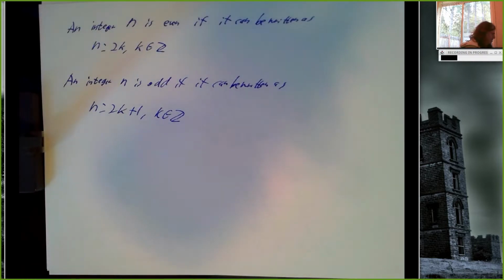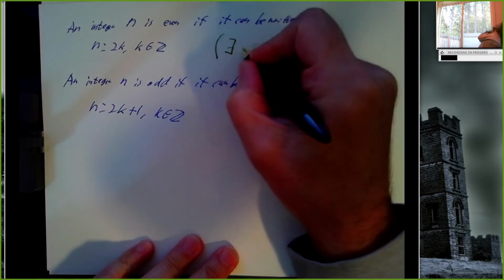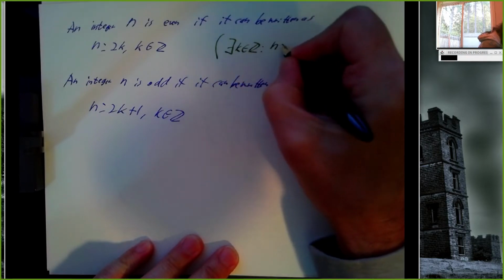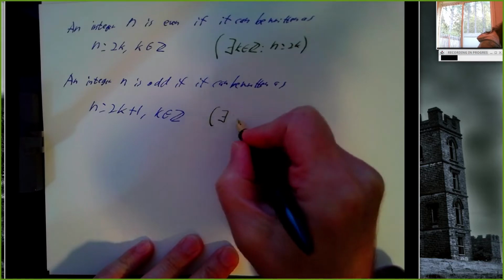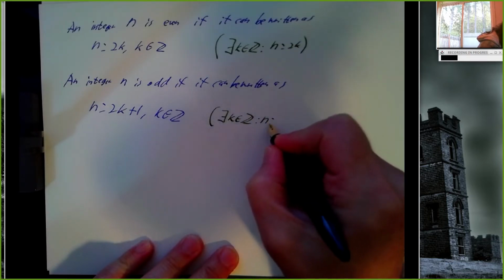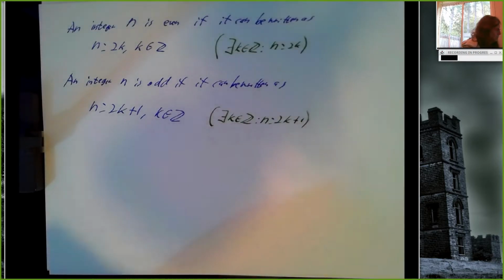And if I wanted to, I could write this: there exists a k in Z such that n equals 2 times k. Or I could say there exists a k in the set of integers such that n equals 2 times k plus 1.